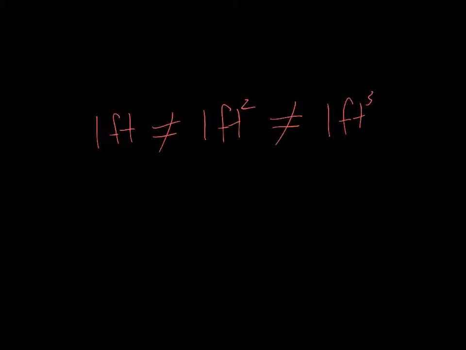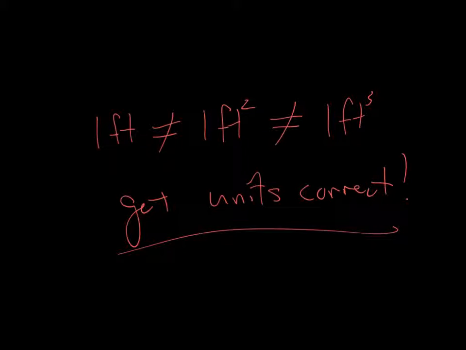If I put 1 foot, and then I wrote 1 square foot, and then I wrote 1 cubic foot, these are not the same answers. So you need to get your units correct. Right? Get units correct. That's going to be part of a correct answer. If you're not sure, ask questions in class.